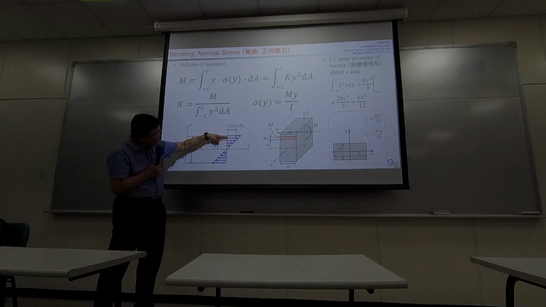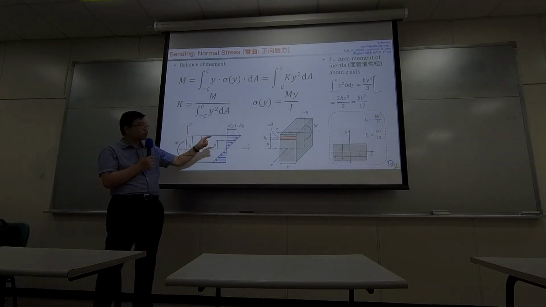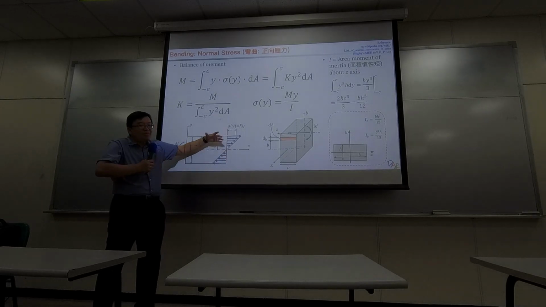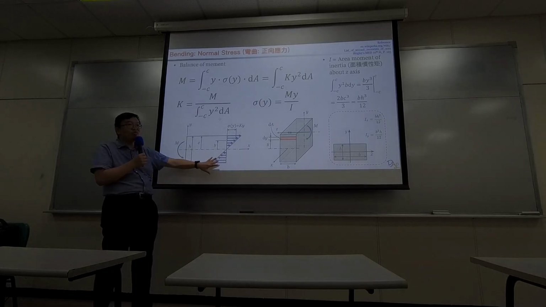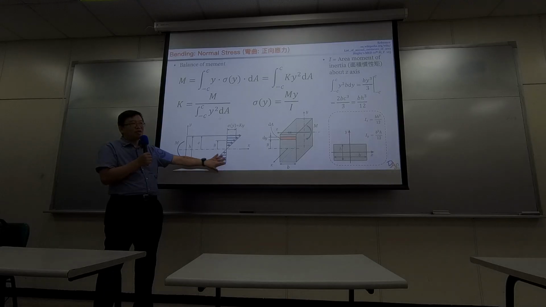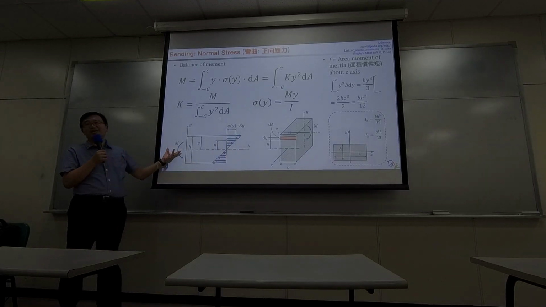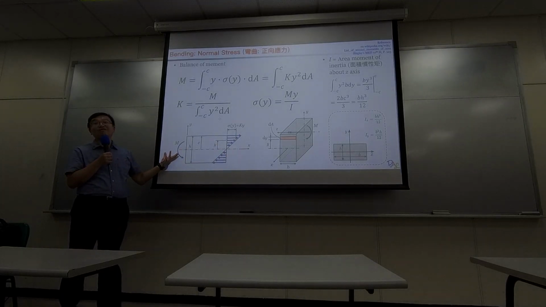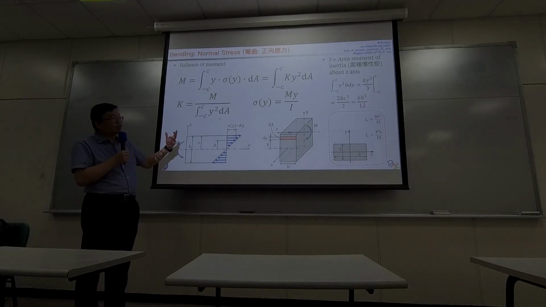For every small portion, we compute the moment due to the stress and sum them up. The total moment, integrated together, should be balanced out by the external moment you generate on the left. That's why we use calculus.